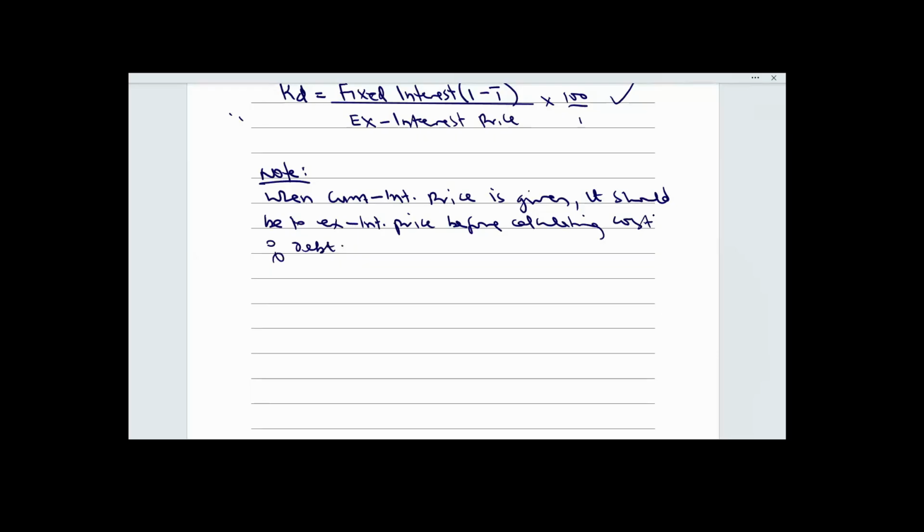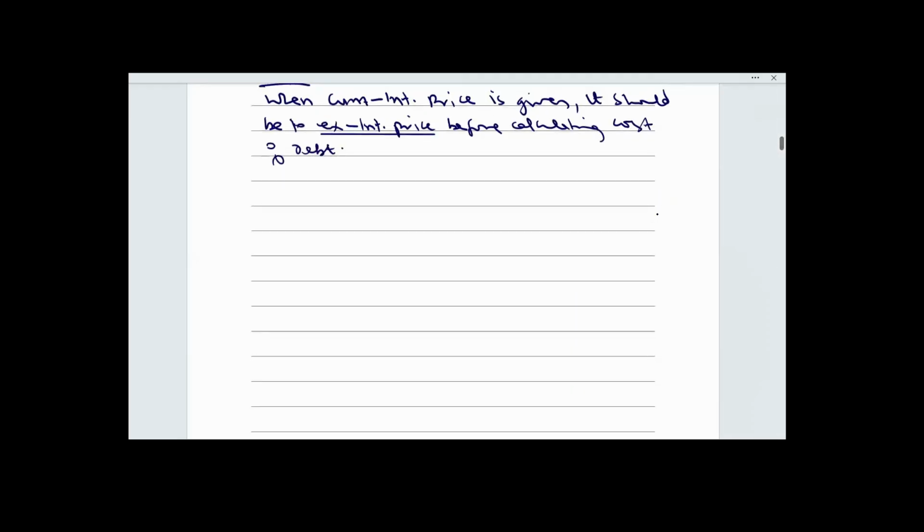The same way you adjusted for dividend when we calculated cost of equity, you also need to adjust for interest when you are calculating cost of debt. Whenever you want to calculate cost of debt, you are supposed to use ex-interest price. But if the market price of the debt is cum interest, you need to convert it to ex-interest price.